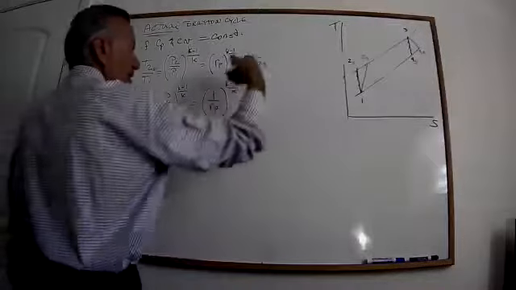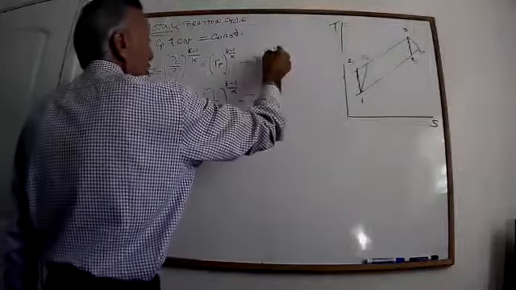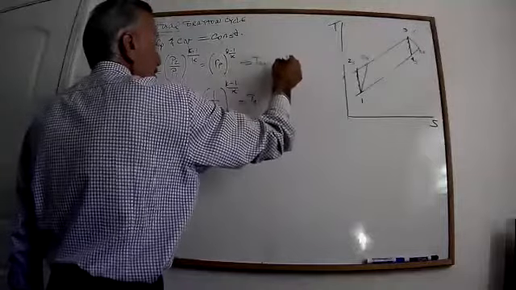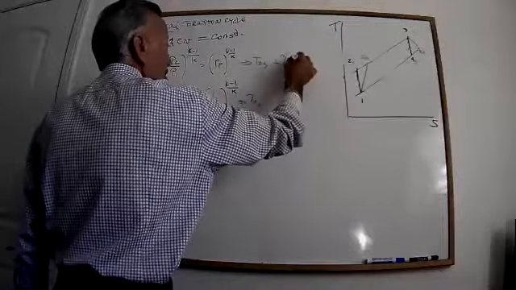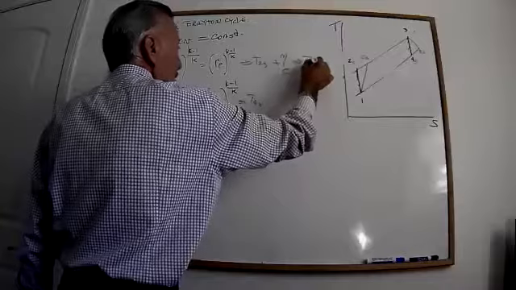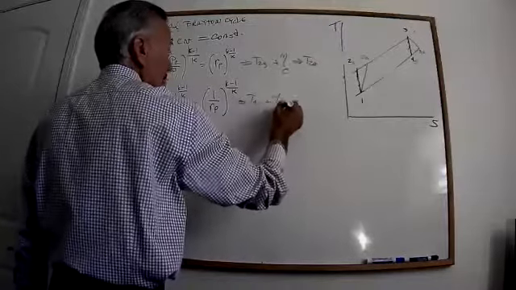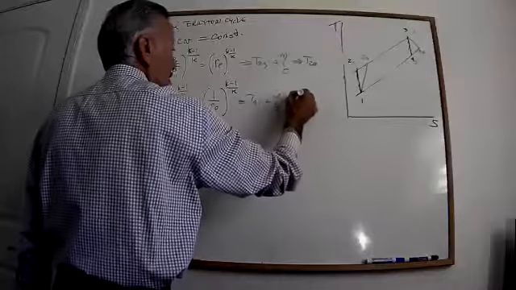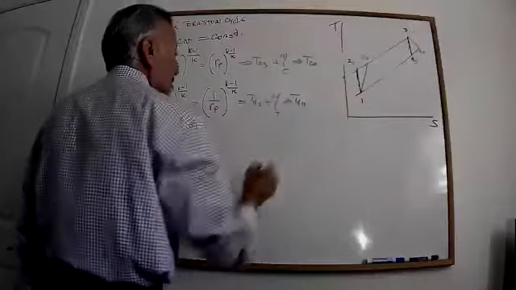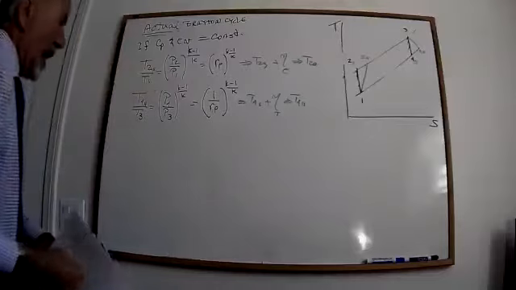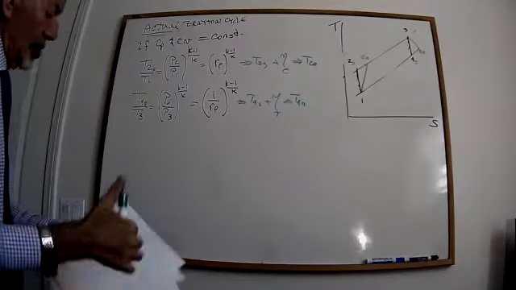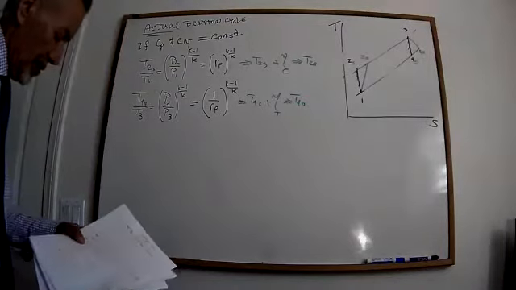And then we need to take another step. This plus the efficiency of the compressor will give us T2a. This one plus the efficiency of the turbine will give us T4a. And then the rest, you already know what we need to do.